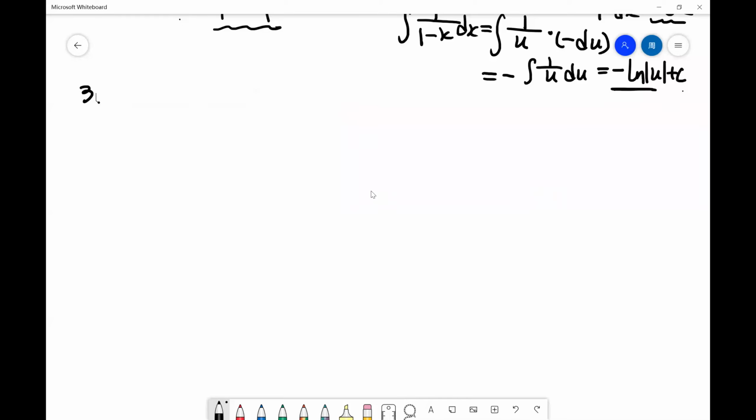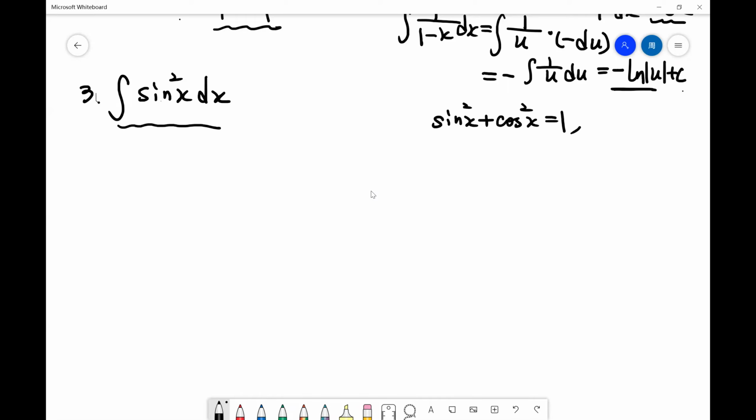And the third one, the question is to calculate the integral of sine x squared dx. If we want to solve this indefinite integral, I think you should know some formulas for trig functions. Here, I think you should know that sine x squared plus cosine x squared equals 1. But there are two other formulas we often use for trig functions.